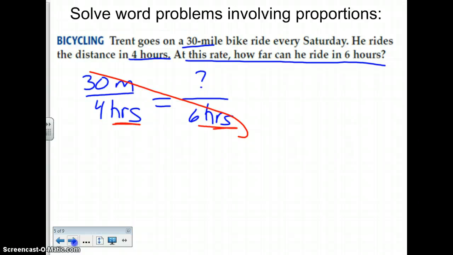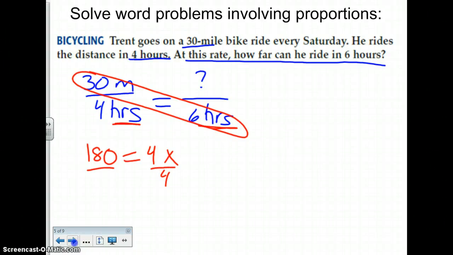If we cross multiply, we end up with 180, and that's going to end up being 4x. We can go ahead and divide by 4, and we're left with x is going to equal 45.